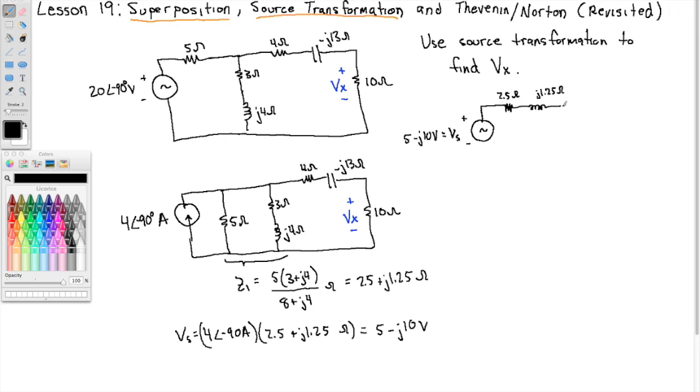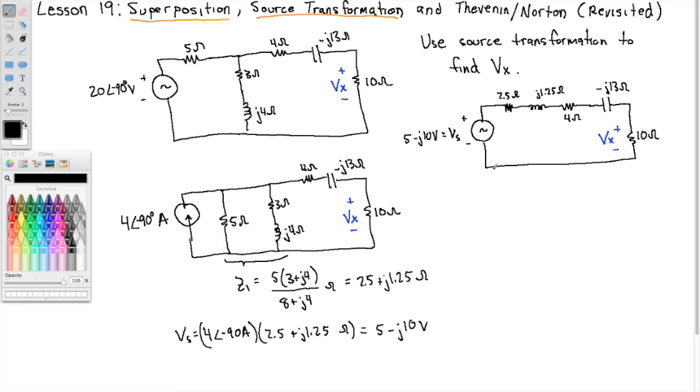And then we have the 4 ohms, the negative j13 ohms, and 10 ohms. And again, everything outside of that transformation remains the same, so that's still Vx there.